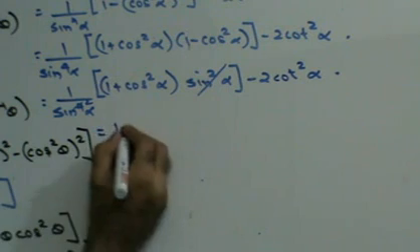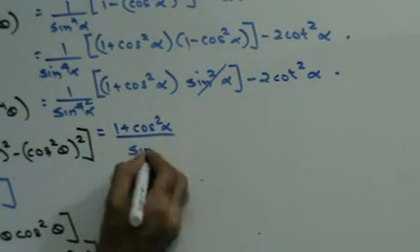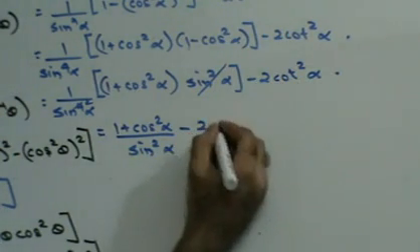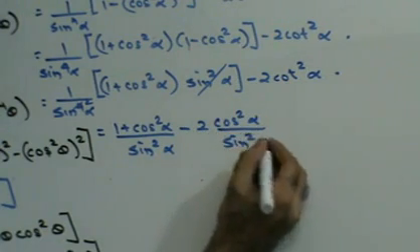So then this becomes (1 plus cos^2 alpha) upon sin^2 alpha minus 2 cot^2 alpha, which can be written as cos^2 alpha upon sin^2 alpha.